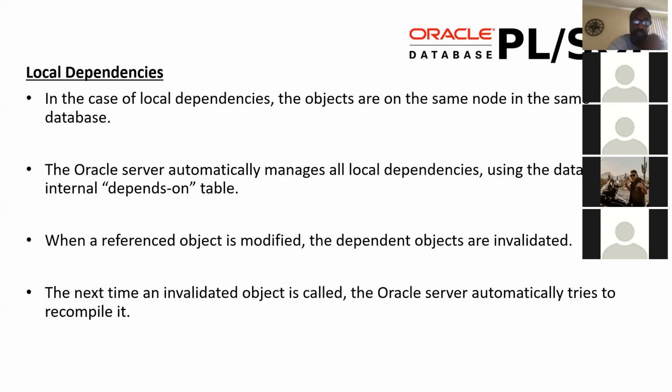And the Oracle server, especially this cloud version, is managing your local dependencies. Hence, if you create a table or drop a table, the Oracle server system will recognize that particular object, and that's where the valid, invalid status comes from.